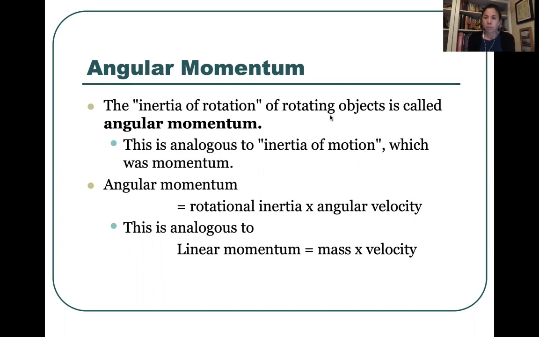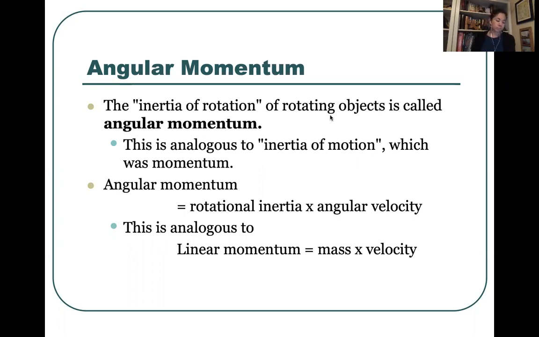And now we're going to be looking at inertia of not linear motion but rotation, and we're going to define what we call angular momentum, applying the same idea to rotational motion.